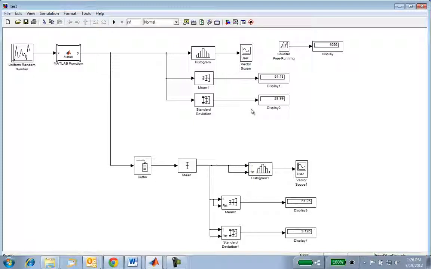This set of graphs at the top is the distribution of the underlying data. This plot here is the distribution of the means of the samples. So we take samples, we take the means of the samples, and we plot the means of the samples. As we've seen before, the top distribution, from the uniform random number generator, is uniform.